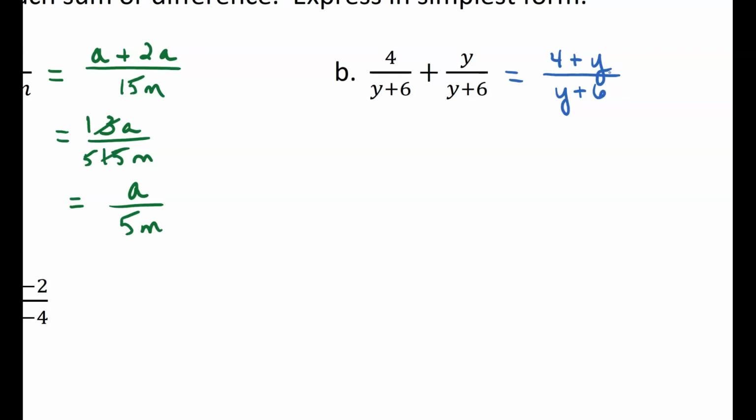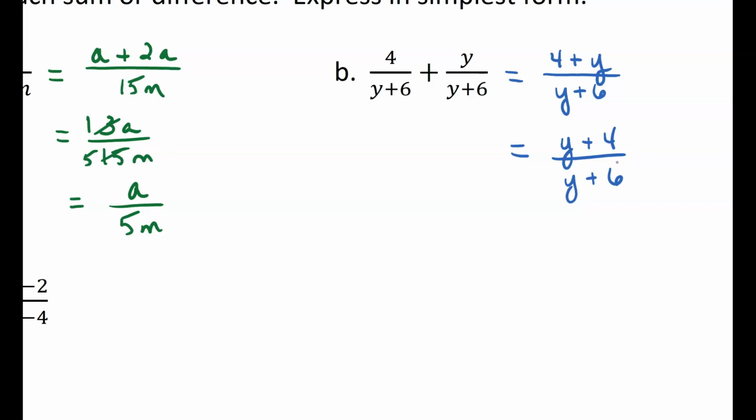So since they're attached to something, we cannot divide any out. About the only thing I can do, and this is just a preference thing, I'm going to put the y in the numerator in front, just so that it's leading. But either way, both of those answers are equivalent.